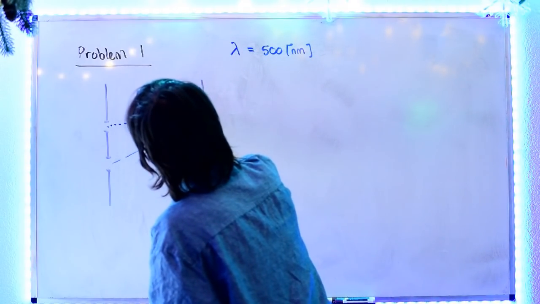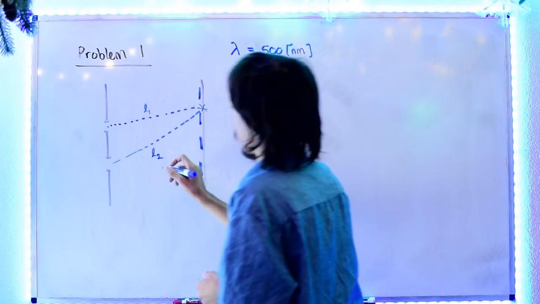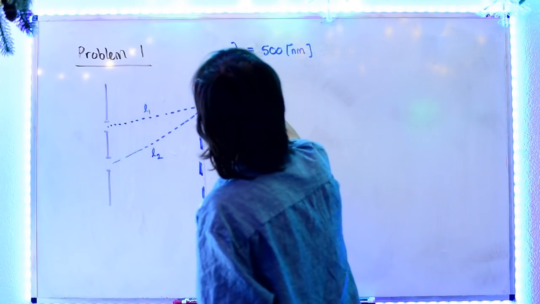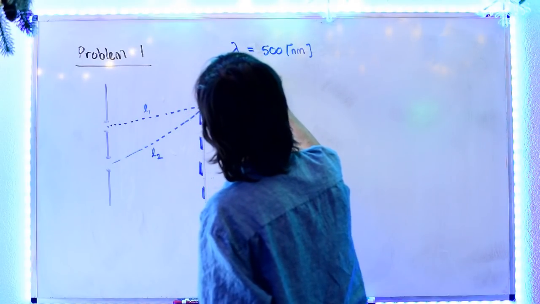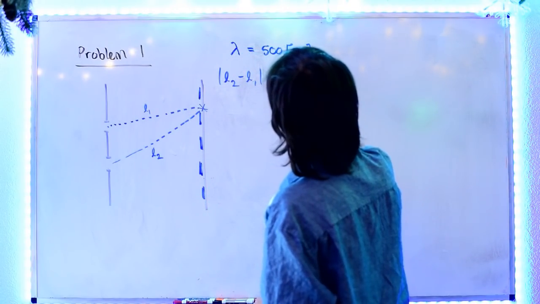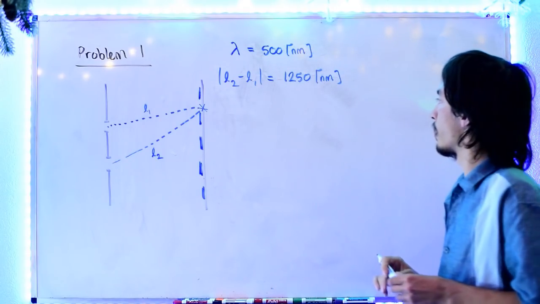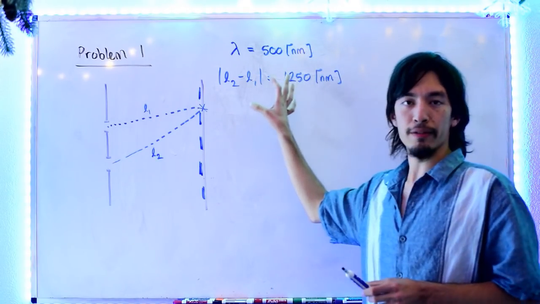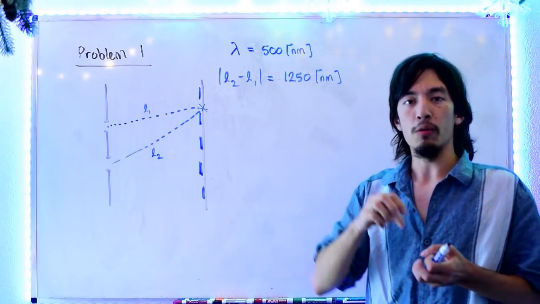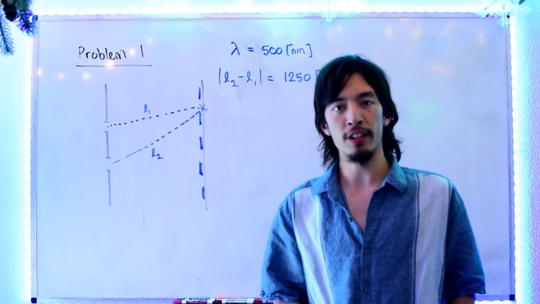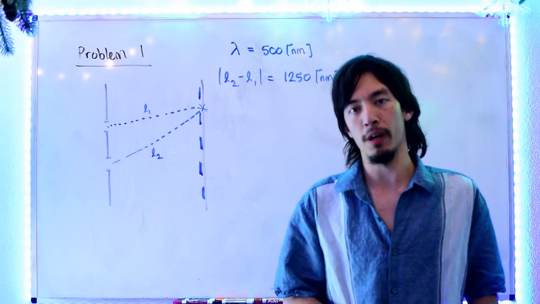if I call this length L1 and this length L2, so we have two different lengths, the difference in those two lengths, L2 minus L1, is 1250 nanometers. Given this information, I need to figure out what spot on the wall I'm looking at. And I'm going to tell you in this problem that it's either going to be a bright spot or a dark spot.